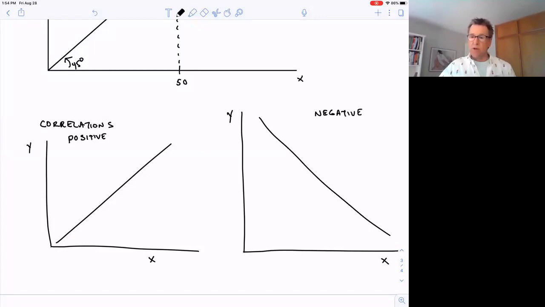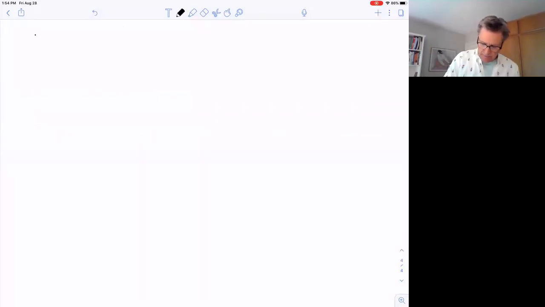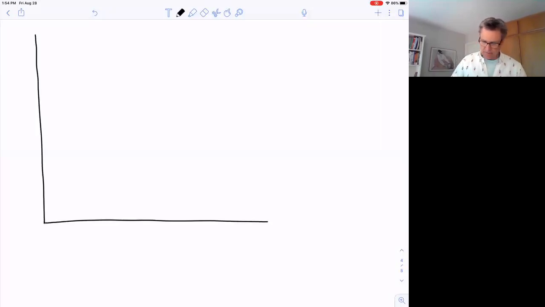Now, when we go out and we look for data, the data never falls on a straight line like that. If we're very, very lucky and we go out and we look for some data and plot it, maybe it will look like it's got some positive association or positive correlation to it.